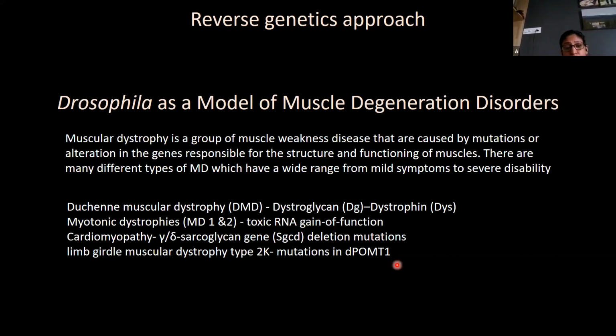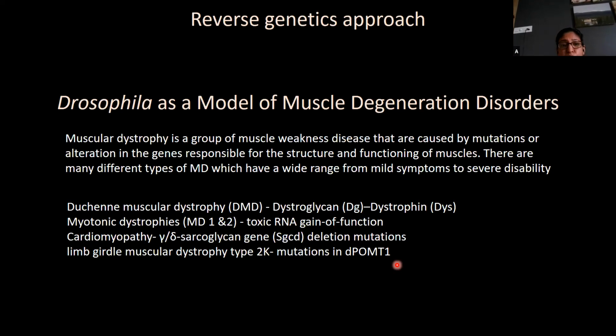That way you look at whether these genes are expressed in muscle, whether they are expressed early or late in development, and depending on that you decide when to look for a phenotype for a particular cellular process. So we covered muscular neurodegeneration and how to model muscular dystrophy in flies.